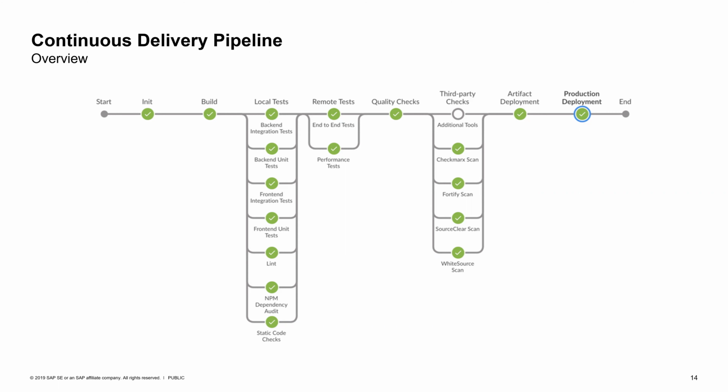Local tests are then tests, in our terminology, that are run on Jenkins. So here you have unit tests and integration tests, both for backend and front end. And the terminology might be a bit disputed here, but from our understanding, the difference is that integration tests do actually integrate with your upstream system, like S/4HANA, for example, but still your application is only run inside a servlet container, for example, on Jenkins.